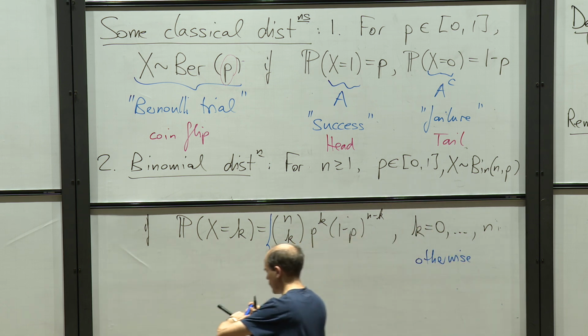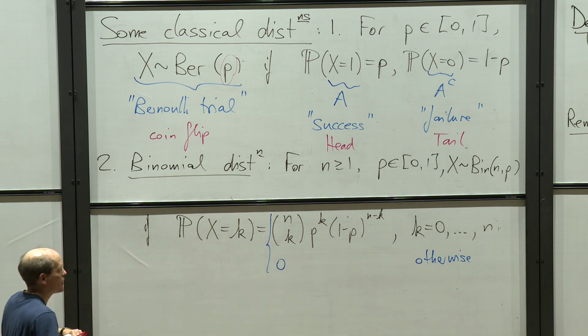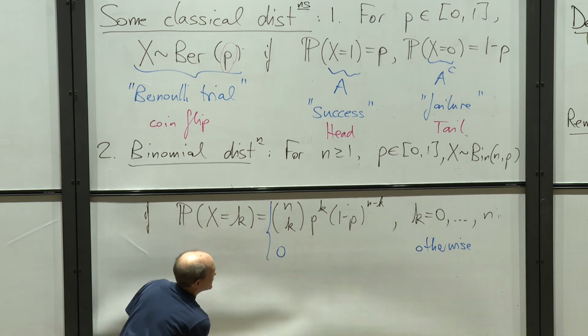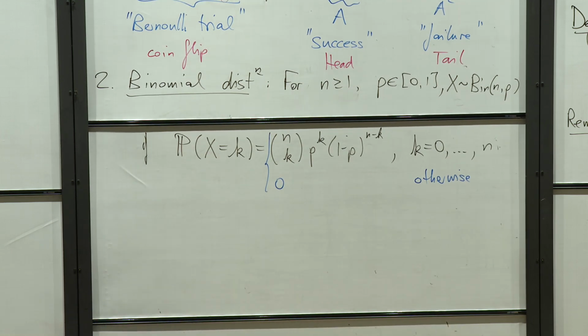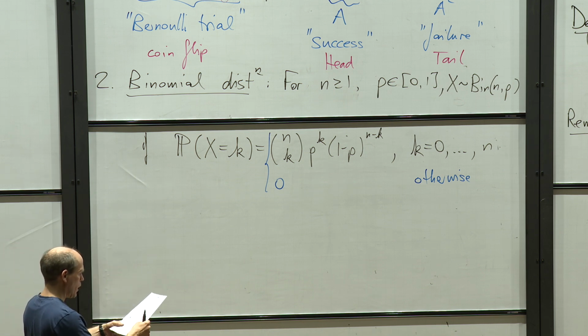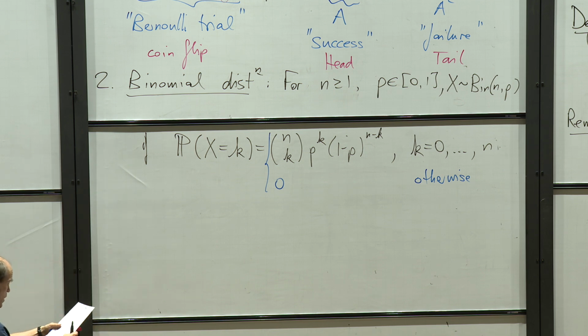Even if we don't always write 0 otherwise, it matters to be precise, so at least we should specify the values for which we want this to be positive as opposed to 0. Okay, so that's our binomial distribution.